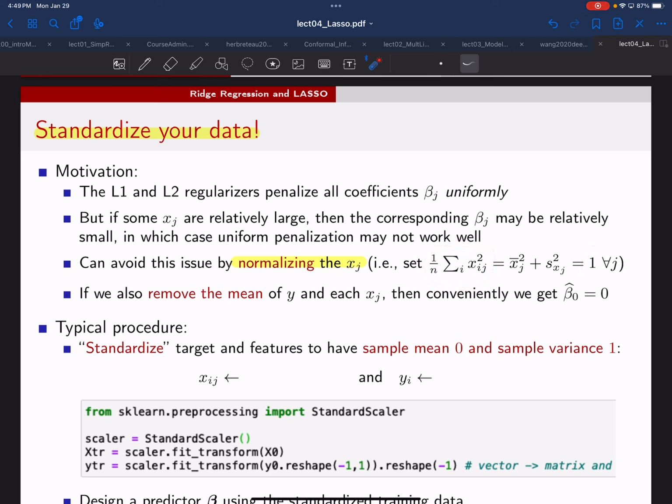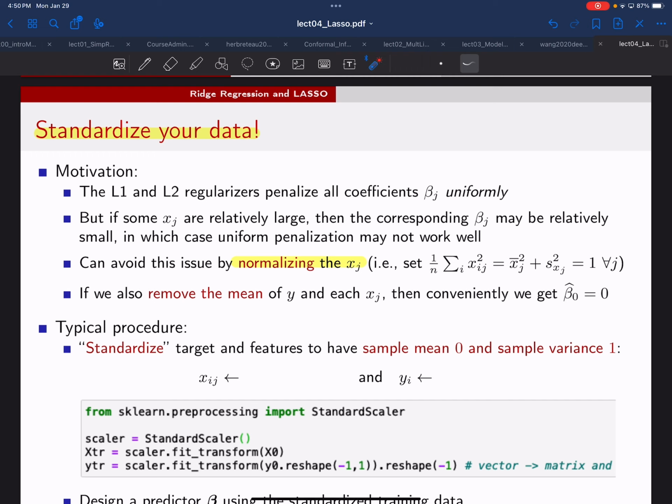So here, notice I'm doing this for each j, and I'm averaging over the samples i in my data set. We also know that this sum of squares is equal to the squared sample mean for the jth feature plus the variance of the jth feature. So another way you can think about this is, somehow I have to balance these two terms.